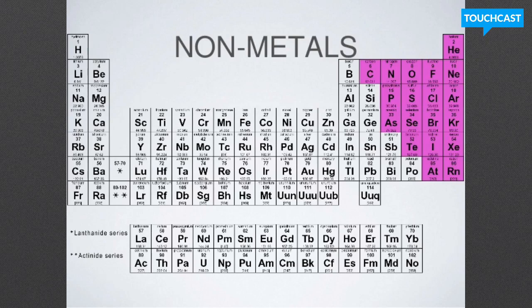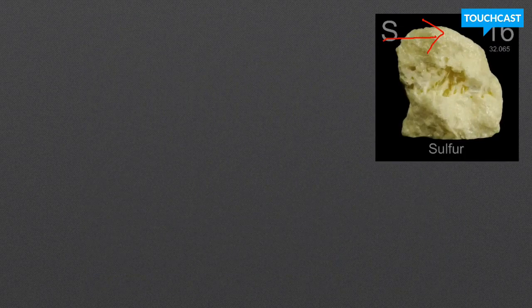The next category that we are going to speak about is nonmetals. Nonmetals are on the opposite side of the periodic table, all the way to the right. On this side over here, we have all of our nonmetals. An example of a nonmetal would be sulfur.